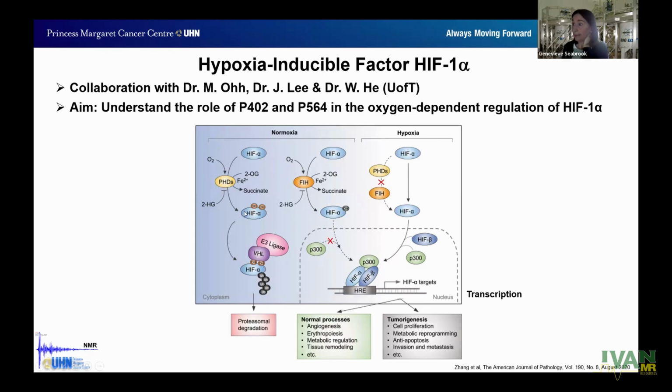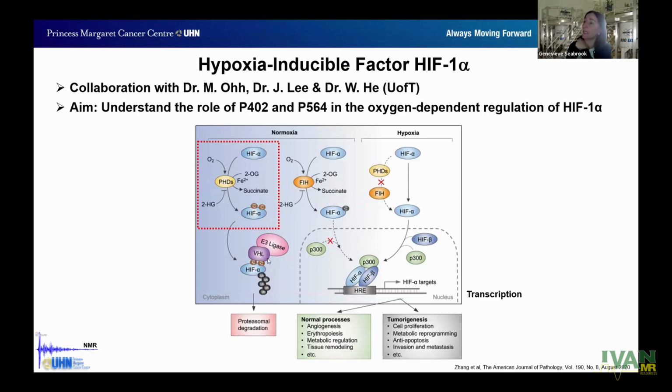On the other hand, in a hypoxic environment, those two enzymes are inhibited. They cannot function. Therefore, HIF1 alpha is able to translocate to the nucleus and interact with HIF beta and form a complex with the coactivator P300. When those three interact, they are able to activate transcription of the HIF target genes. So that's the story of HIF1 alpha.